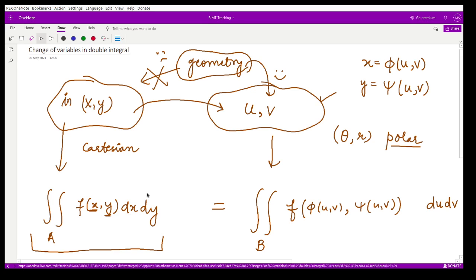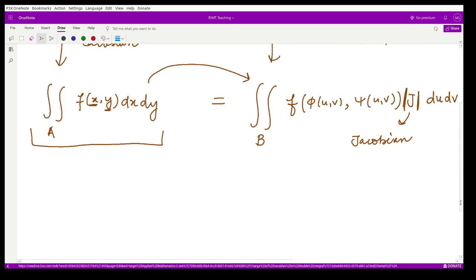So what you have done is shift this to the new system, but there is one flaw here. In shifting from here to here, you have missed out something that is given by the Jacobian. If you remember, the Jacobian gives the relationship when you shift from one system to another. So here you have to write down the positive value of the Jacobian.